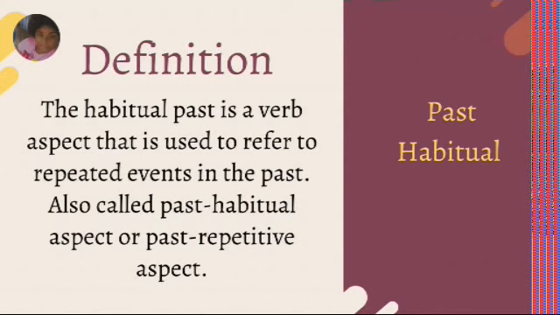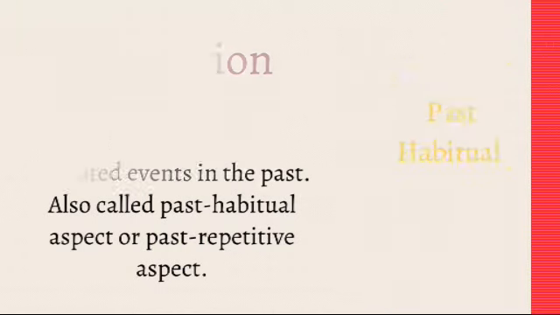The habitual past is indicated more frequently by the auxiliary verb "used to," the auxiliary verb "would," or the simple past tense of a verb. Compared with the past progressive, which relies on the verb "to be" to indicate a continued or ongoing action in the past.